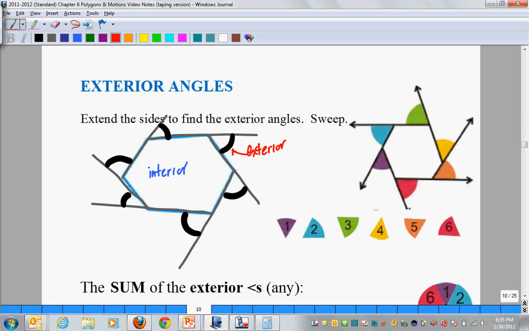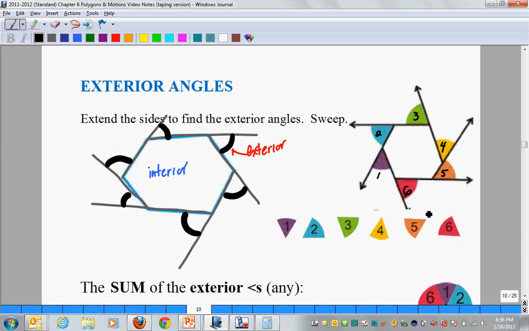All the exterior angles in that hexagon have been labeled and numbered. So there's exterior angle 1, 2, 3, 4, 5, 6. And these exterior angles have a very interesting property.